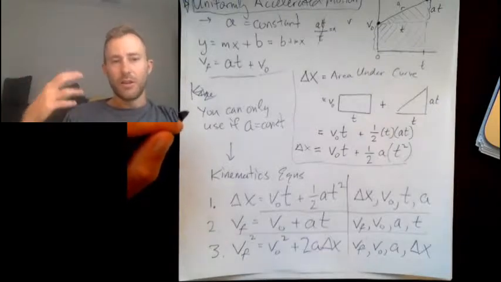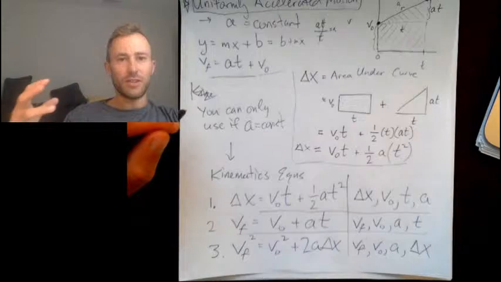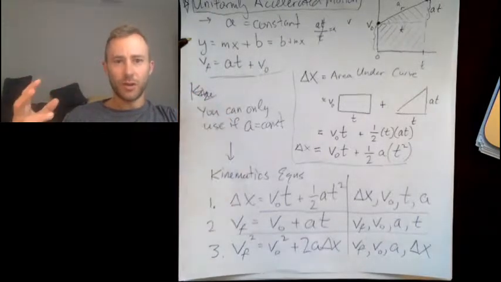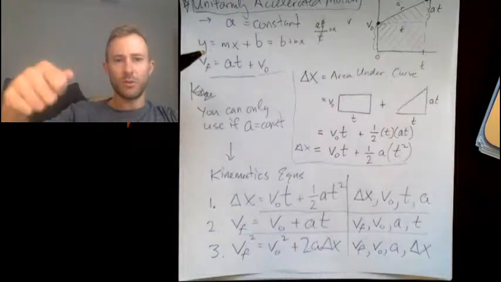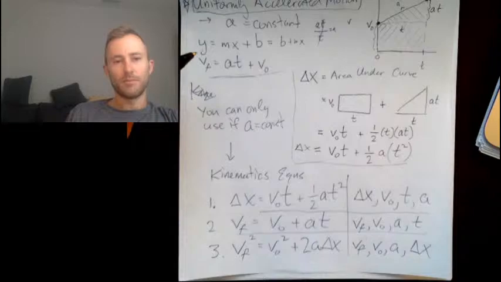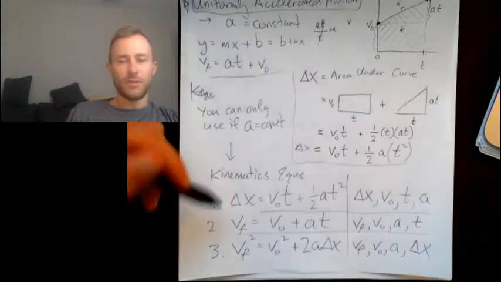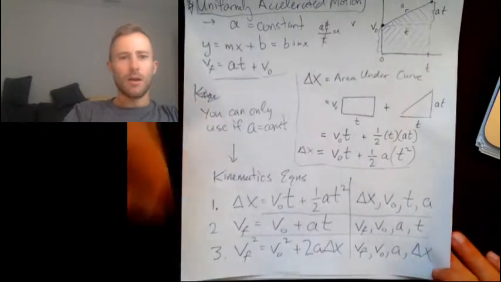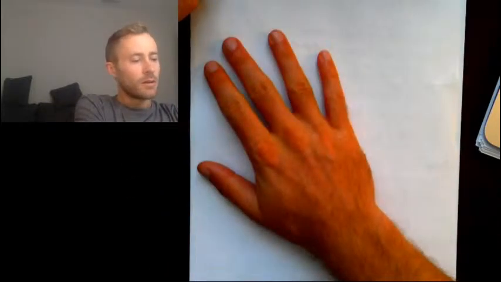That being said, they are all expressing the same thing, which is constant acceleration. They're just expressing it in different ways. So just like you would have a wrench that is the correct size to turn a nut, you have a physics equation that is right to solve a particular problem. Okay? So the rest of this lesson is going to be devoted to doing some example problems. Okay? And then we'll go to Zoom.